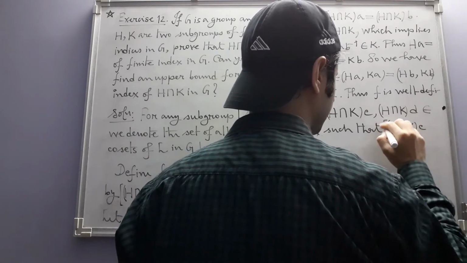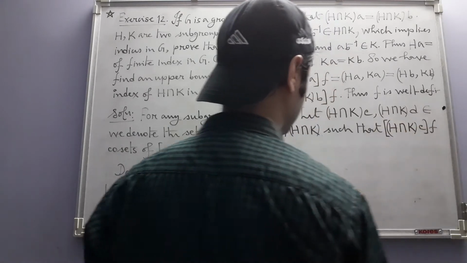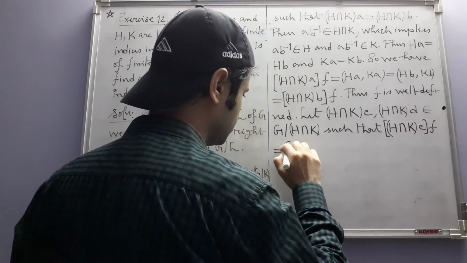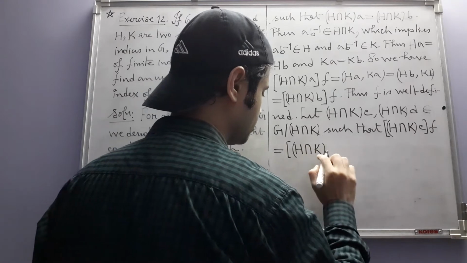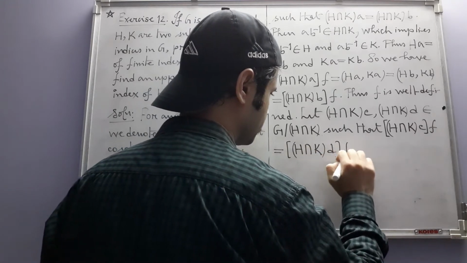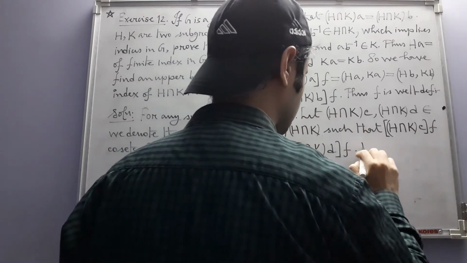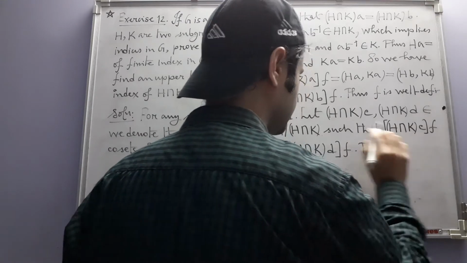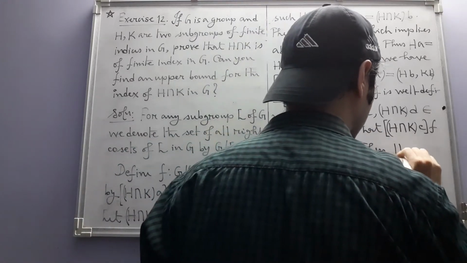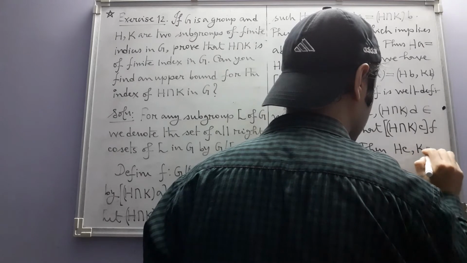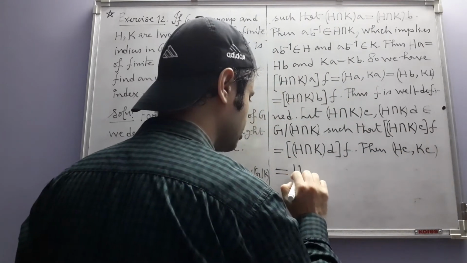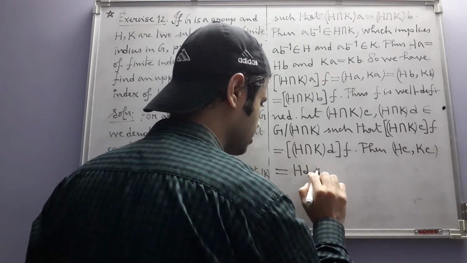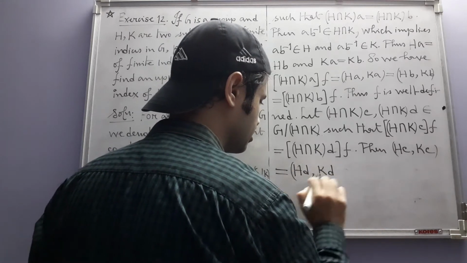So the F image of this one should be equal to the F image of the other one. Then what is the F image of this one? The ordered pair HC, KC, and the F image of this one is the ordered pair HD, KD.